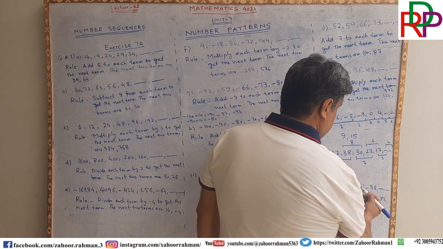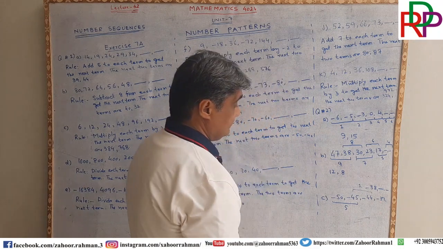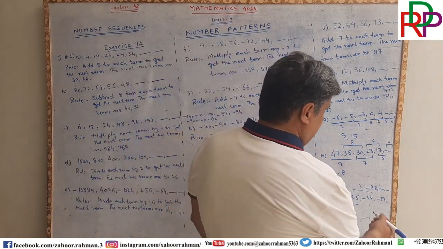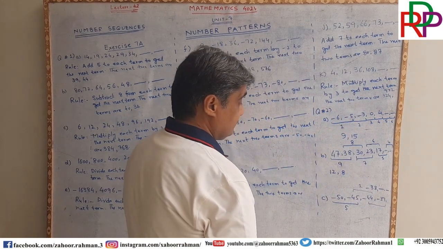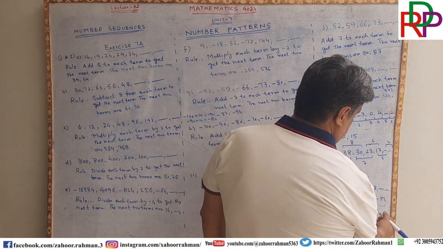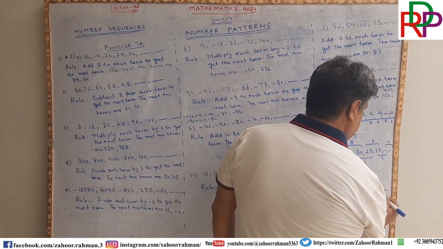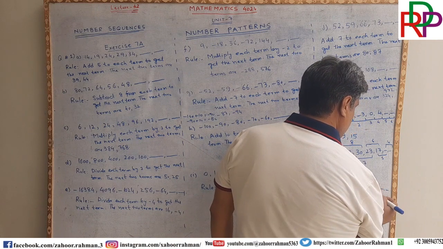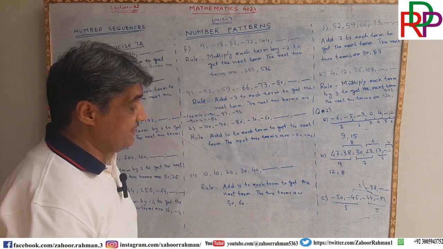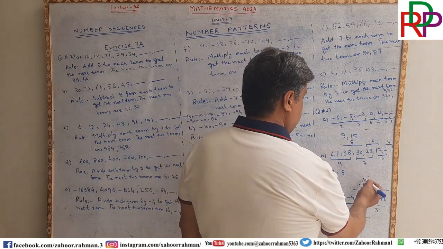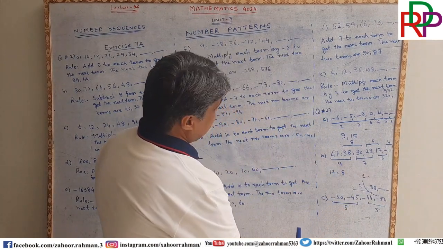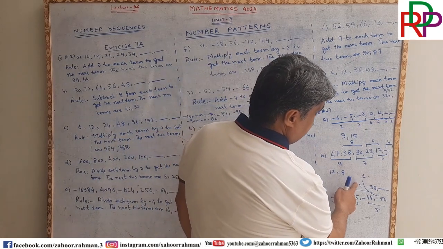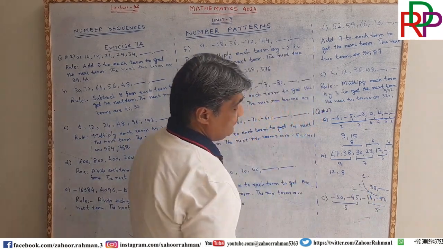So we are getting 1. Again we are getting 5 here. So it means that 5. And between these two, 39 and 38, again 1. So it means the sequence is the 5 1 5 1.